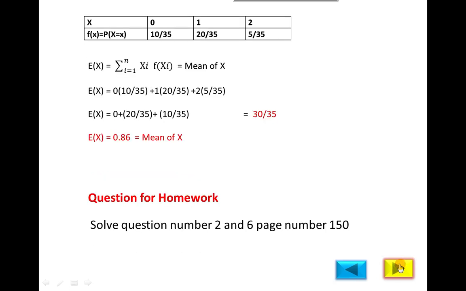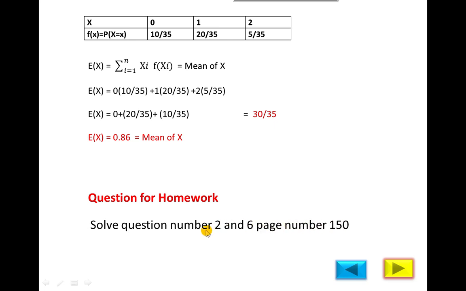Okay. Now for homework, solve question number 2 and 6, page number 150. Question number 2 and question number 6, page number 150.